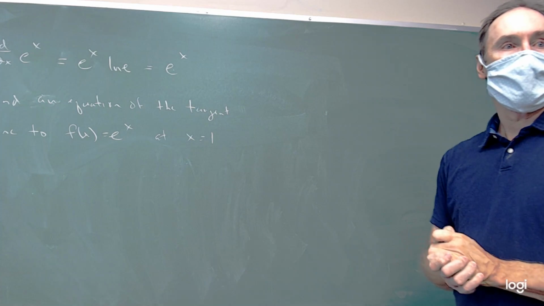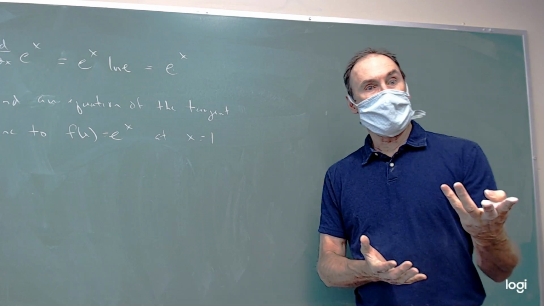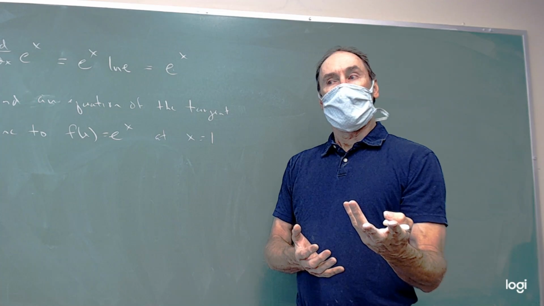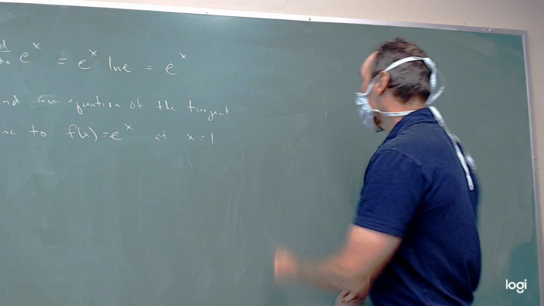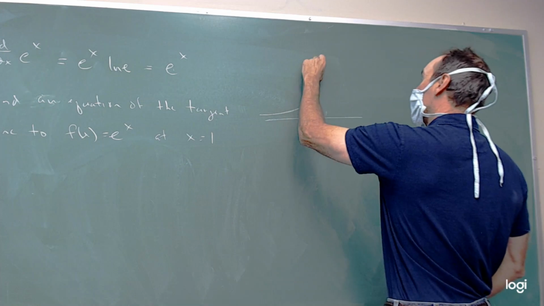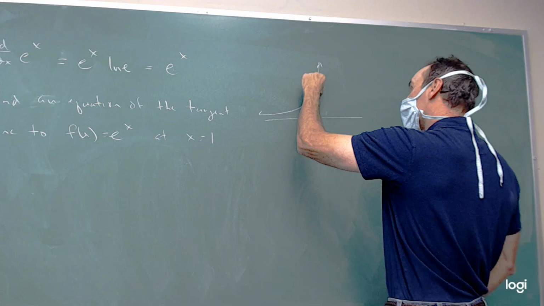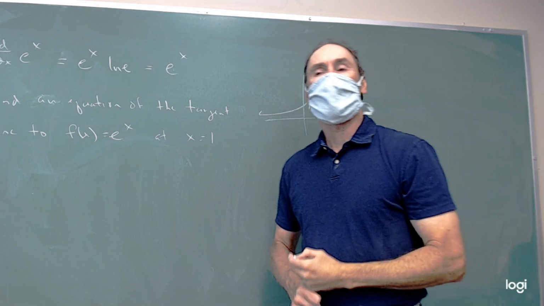So to find the tangent line, what do we need? So we've got our curve y equals e to the x, and at x equals 1, we're trying to find the equation of that tangent line.